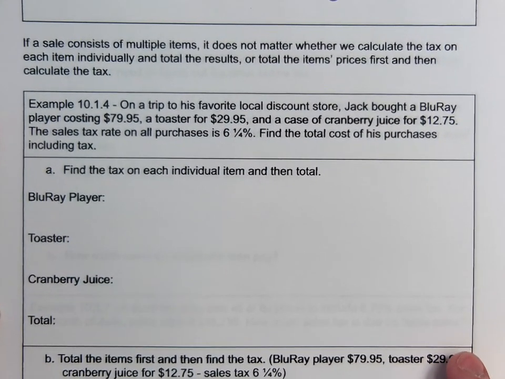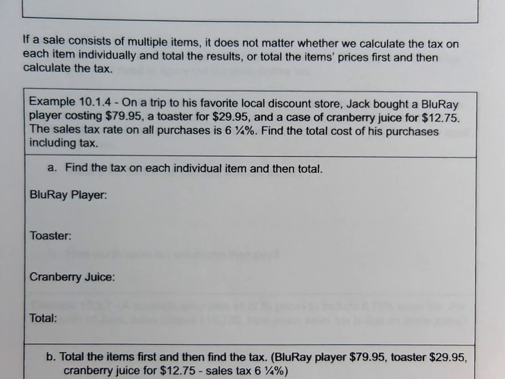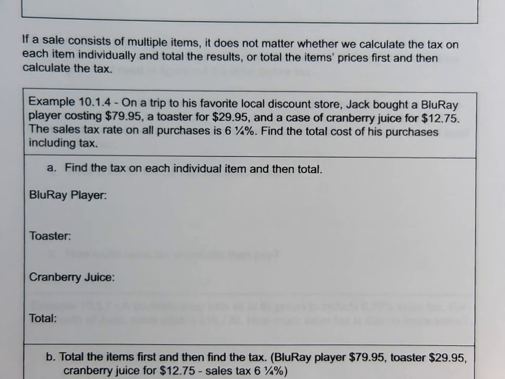All right, so if a sale consists of multiple items, it doesn't matter whether we calculate the tax on each item individually and total the results, or total the items' prices first and then calculate the tax. So let's see what happens when we do this individually or as a total. It's going to take a little bit longer to do them individually, but we can do it.